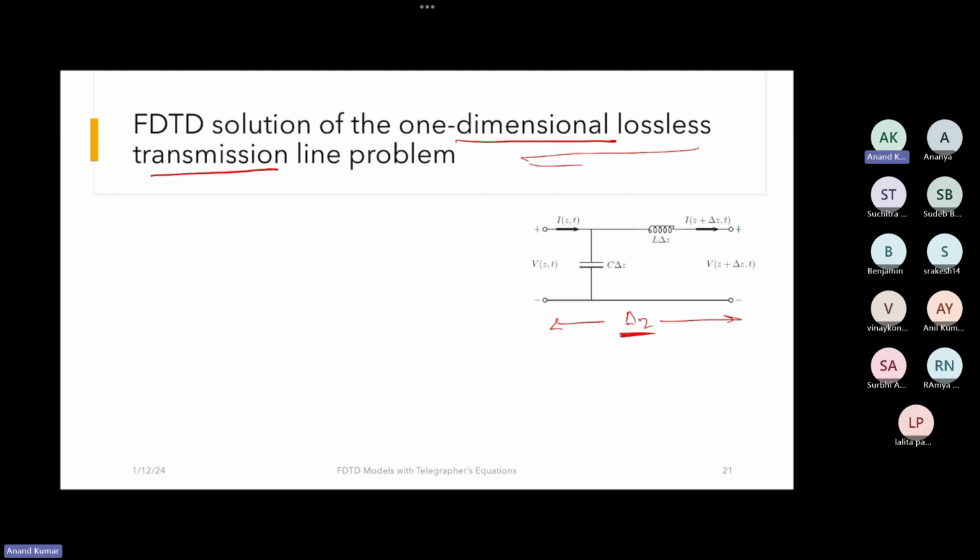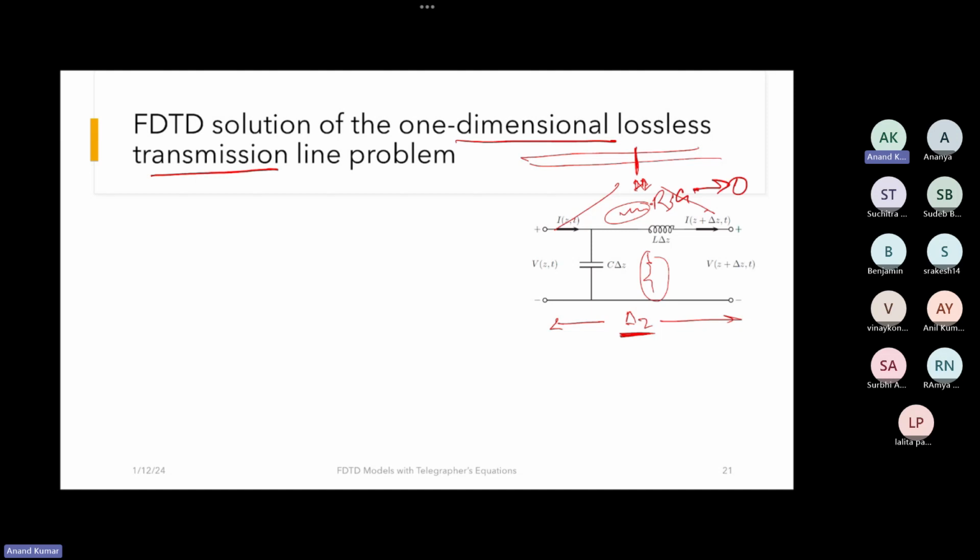For example, this is your transmission line, and from this transmission line we take this particular delta z section and then enlarge it, and we're calling this lossless because we have ignored the resistance and conductance values which were in series and shunt.